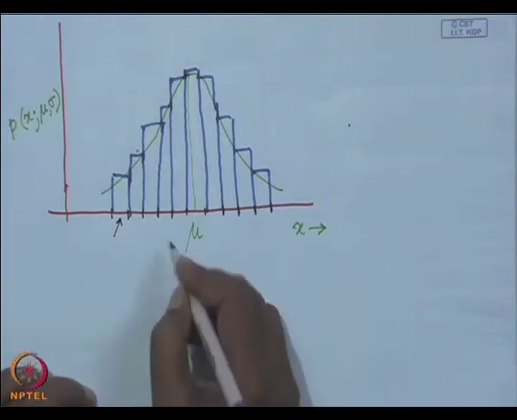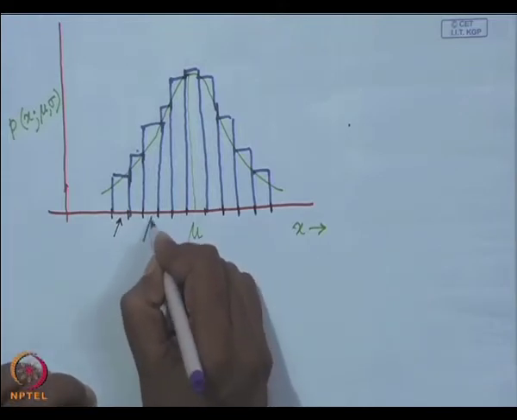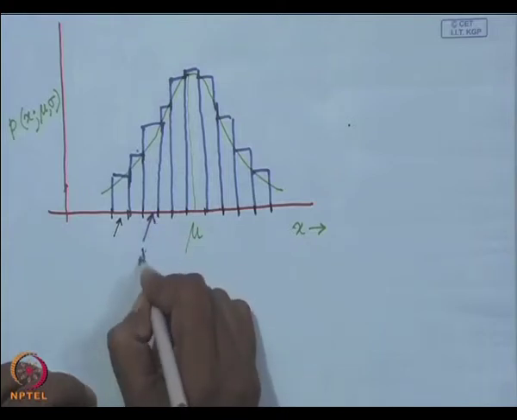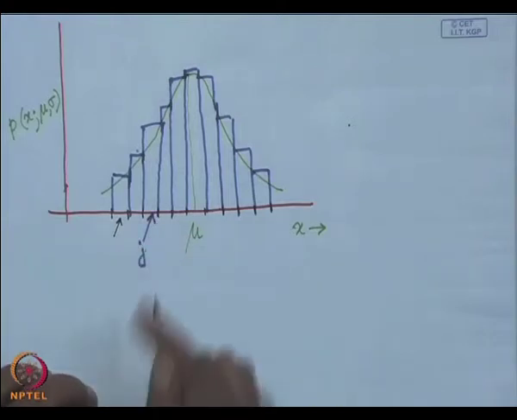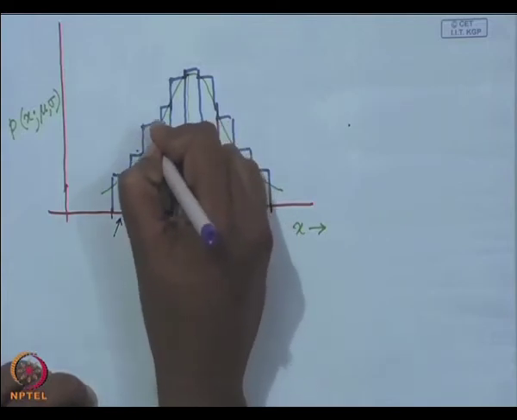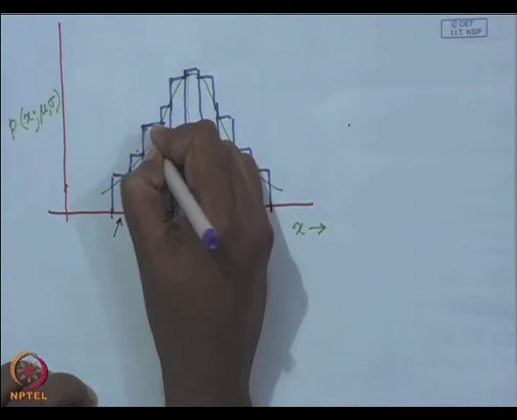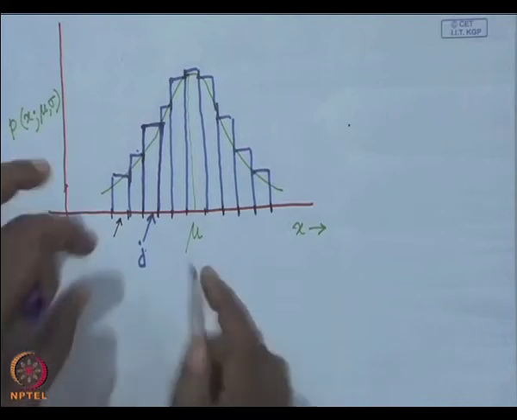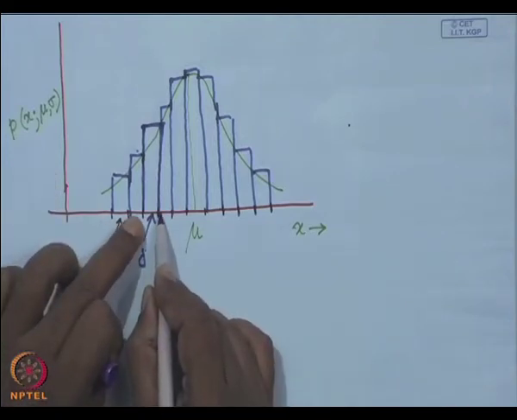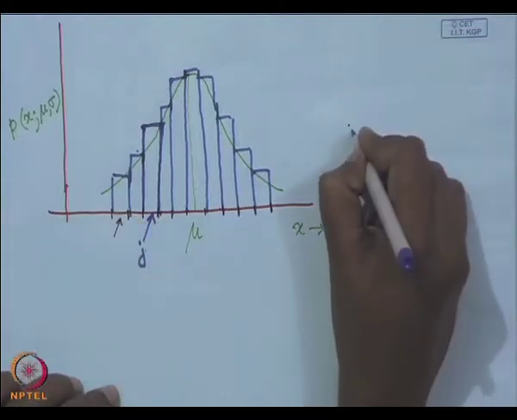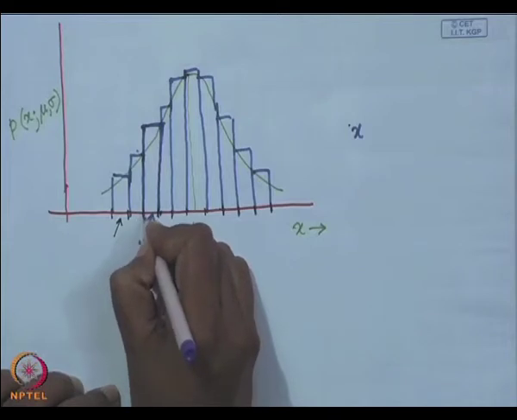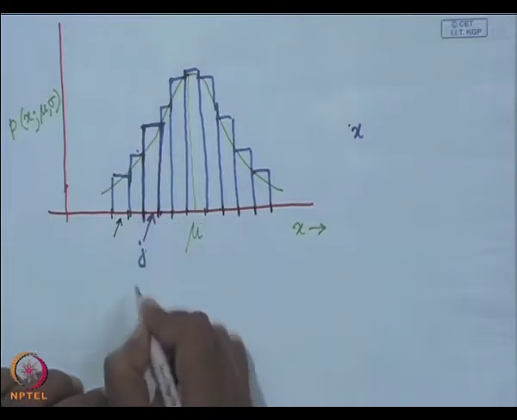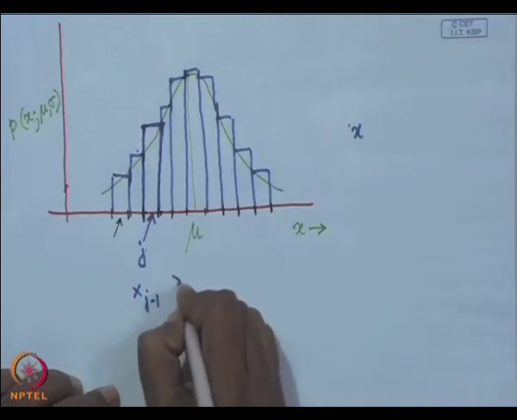Now, once I do that, if I take any of these intervals, a jth interval, you find that the height of the bar indicates the fraction of the samples that fall under this particular interval. Suppose the boundary of this interval is given by x j minus 1 to x j.